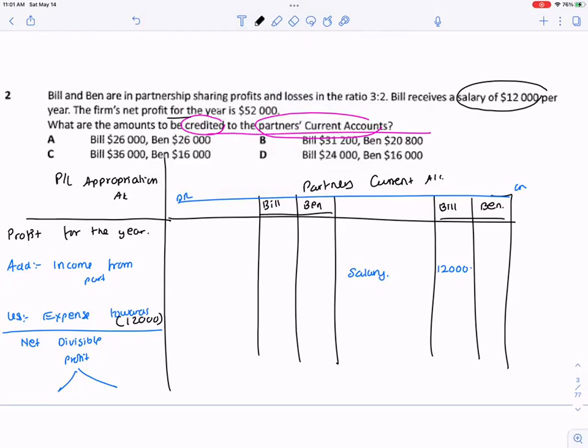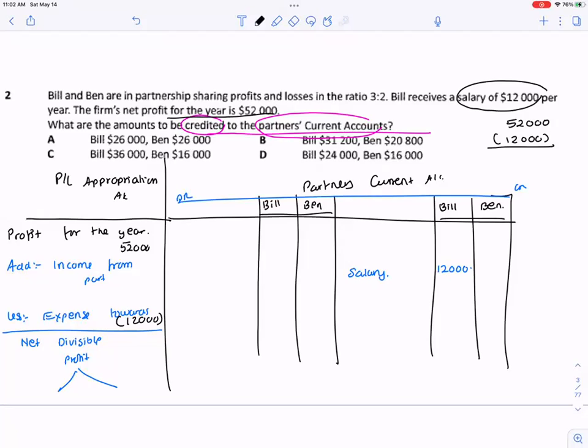Profit for the year is how much? 52,000. From this, we are first giving salary. So what will be the net divisible profit? From 52,000, we subtract 12,000.